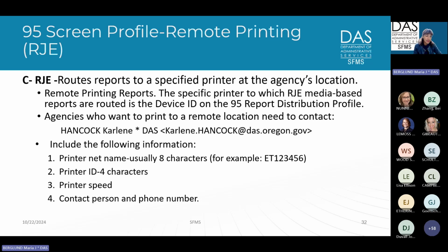In that case, if that needs to be arranged, please contact Caroline Hancock and identify the following. Printer net name, which would be 8 characters, for example, ET123456. Printer ID, which should be 4 characters. Printer speed, and contact person or phone number who will arrange the process and be in charge.